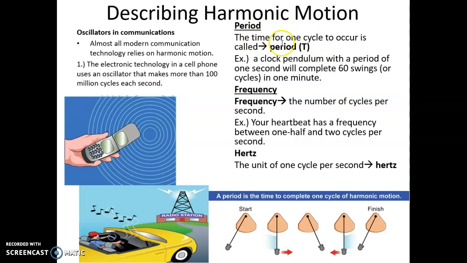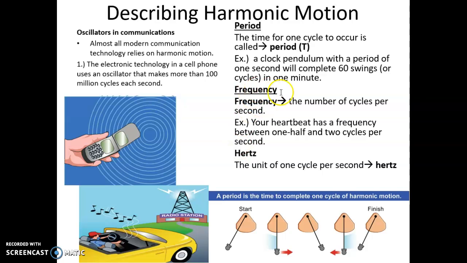So the period, which we abbreviate with the uppercase letter T, is the time that it takes to complete that one cycle. Specifically, we're looking at the time in seconds. So period is measured in seconds, and we abbreviate period with the uppercase letter T. And remember, it's the time that it takes, let's say for this pendulum, to make one complete swing, or the time that it takes for the tire to rotate one time around.